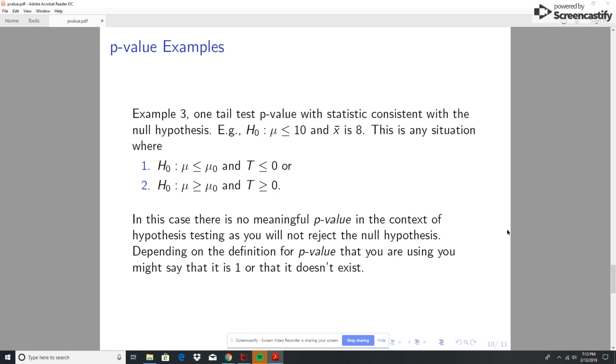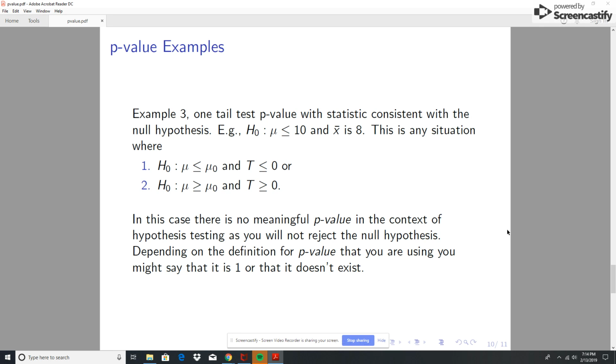So x bar is less than or equal to 10, let's say 8 here. So in this situation, if you had a right-tailed test, so that's example 1, your test statistic would be negative. Or if you had a left-tailed test, so example 2 there, your test statistic would be positive. In those cases, your data agree with the null hypothesis.